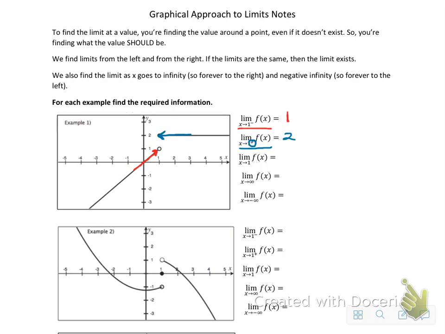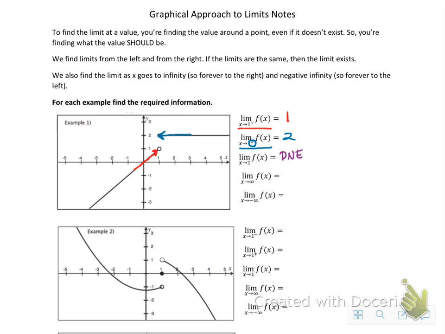Now, 1 is not equal to 2. And as you look at the graph, you can see that those values are not coming to the same number, right? One's at 1 and one's at 2. They're not the same, which means the limit as x approaches 1 in general does not exist because they're not the same.